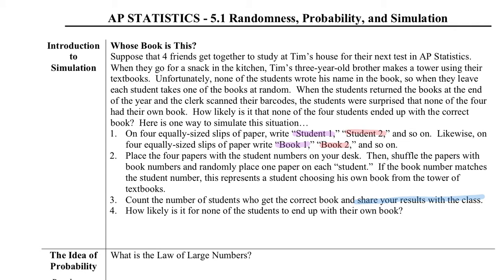That would have taken a lot of time and been very inconvenient. Instead, we simulated the same process with these 4 papers and randomizing them by mixing them up. So this is what we call a simulation. It's a way to create the same randomness without actually having to do the process.